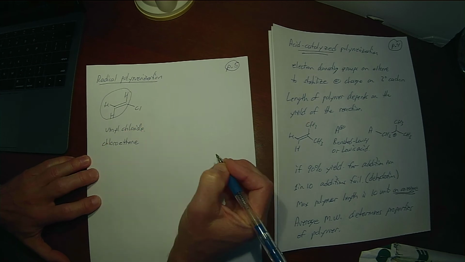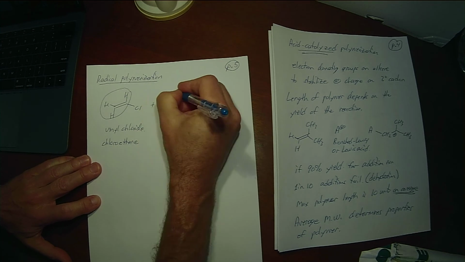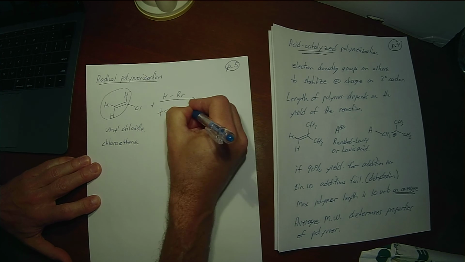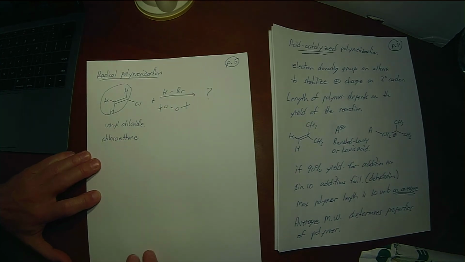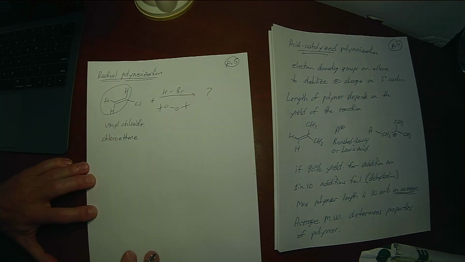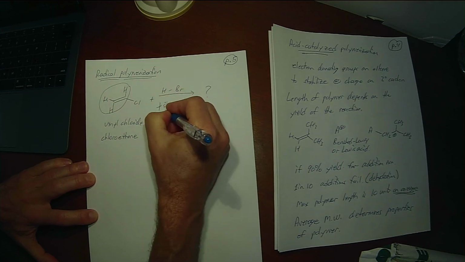So if we took vinyl chloride or chloroethene and reacted this with HBr in the presence of t-butyl hydroperoxide, what would be the reaction? What would be the mechanism, what would happen if we just heated this up?